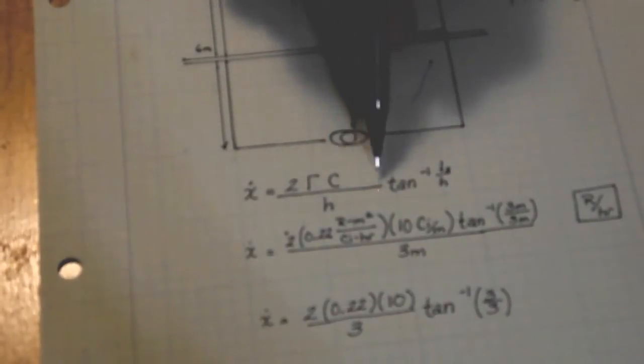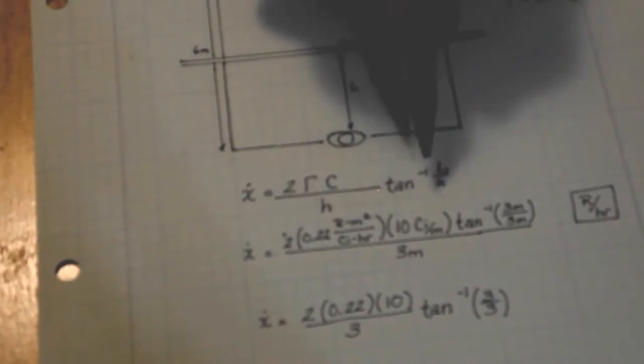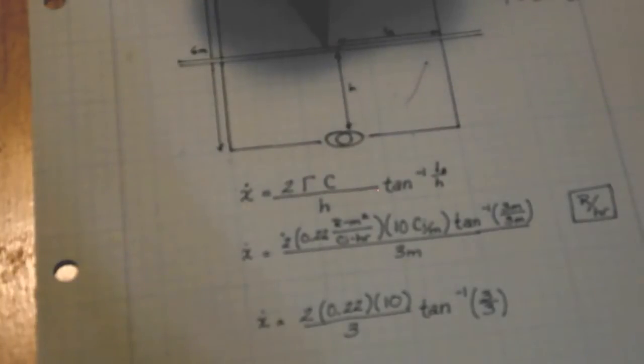That term is multiplied by the inverse tangent of the ratio of L/2, which is this length here, and h, which is this distance here.